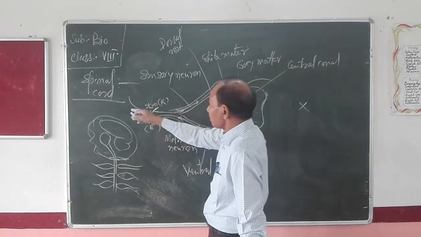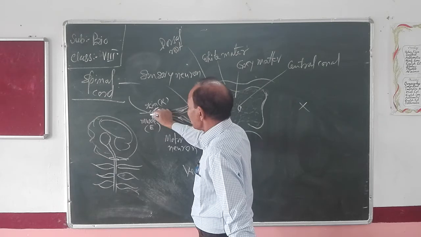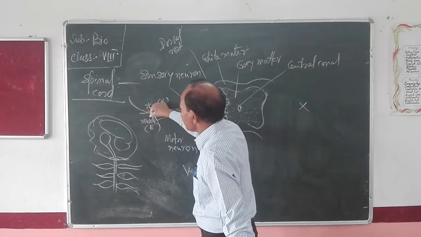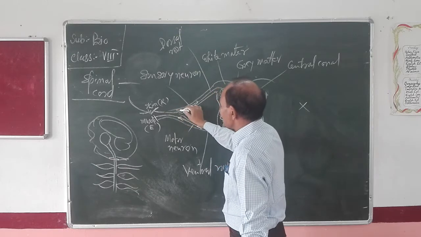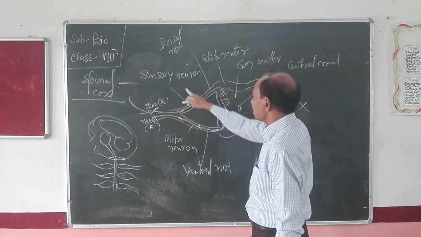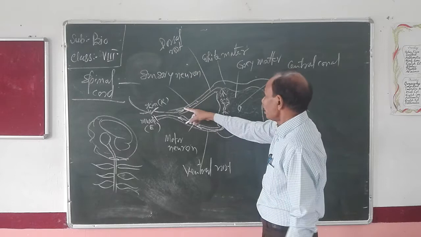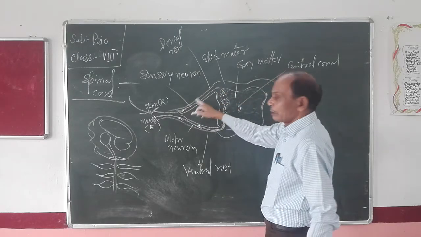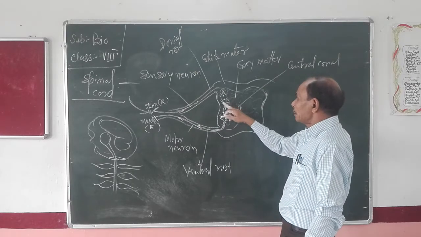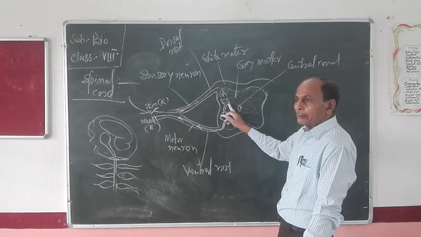Again I am going to repeat. This is a receptor. It is receiving a stimulus. The information of this stimulus is carried by the sensory neuron through the dorsal root. It will enter the grey matter of the spinal cord, where this information is handed over to the dendrites of the intermediate neuron.